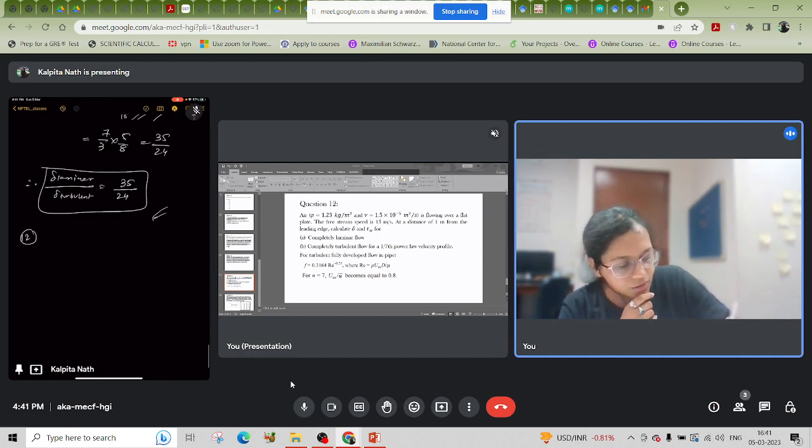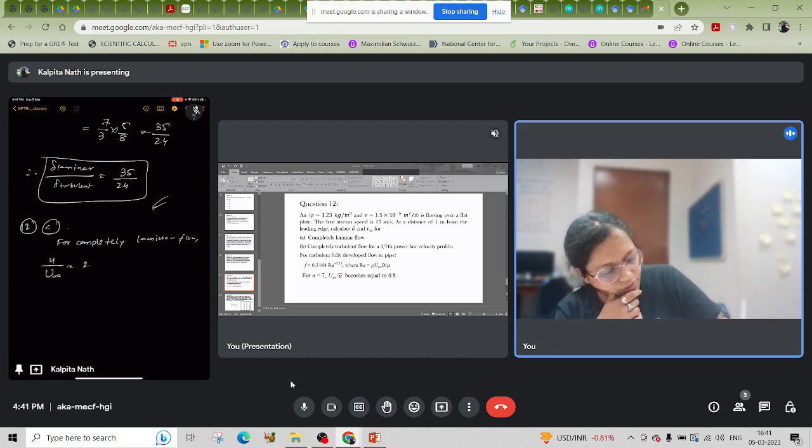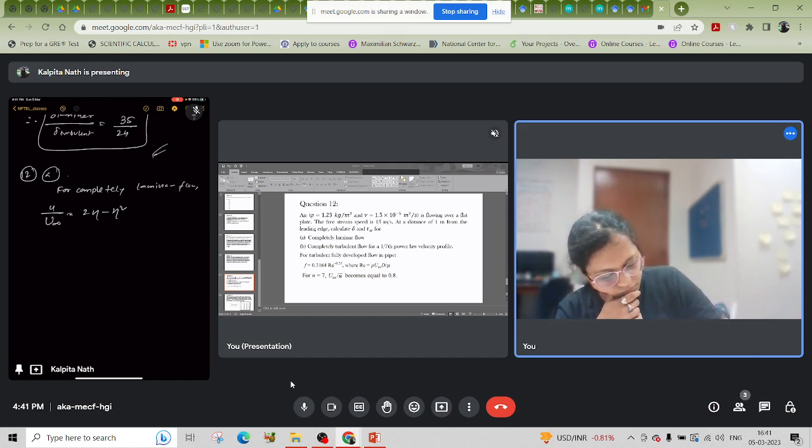We'll carry forward with the solution of question number 12 now. There are two parts. The first is part A, which is for completely laminar flow. So delta by x is equal to 5.48 upon root over Reynolds number; this we already know.